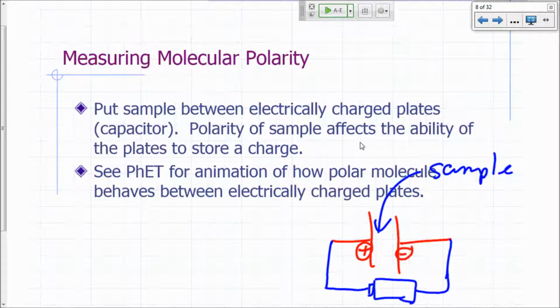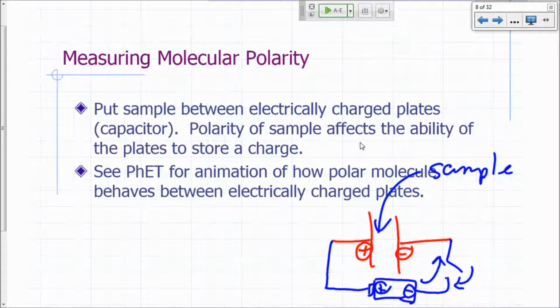Let me put a switch over here. If I close this switch, what's going to happen? This is the negative end of the battery and that's the positive end. If I close the switch, electrons will have a tendency to flow from the negative end of the battery to the positive end.